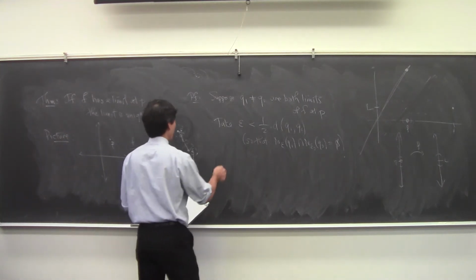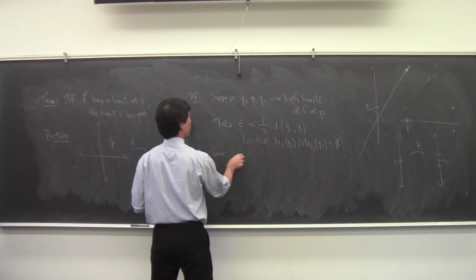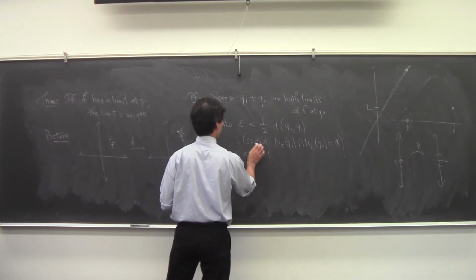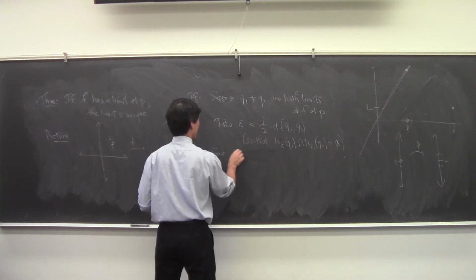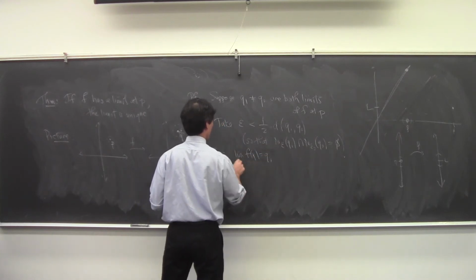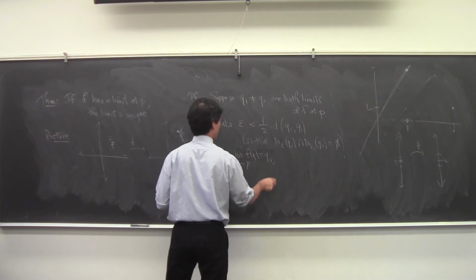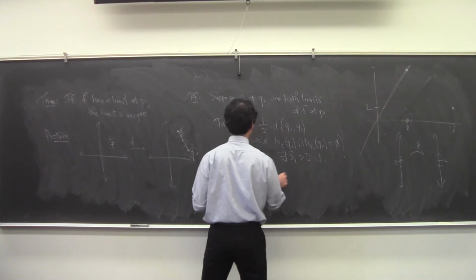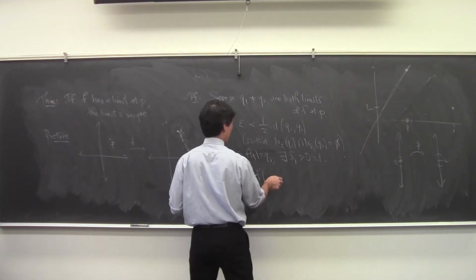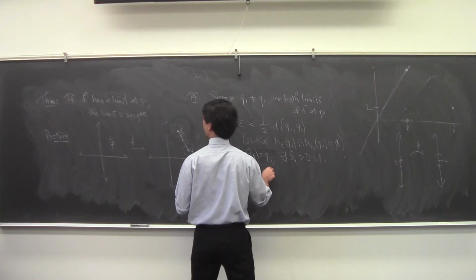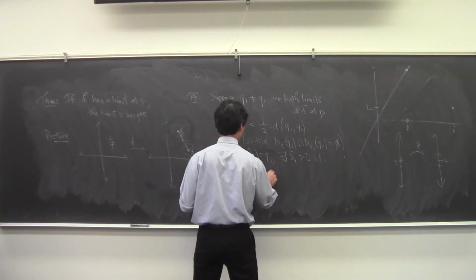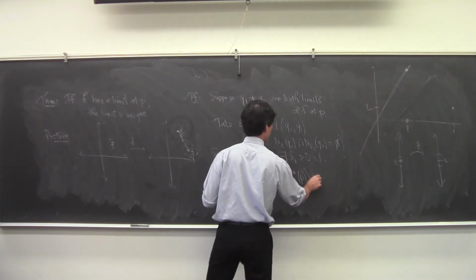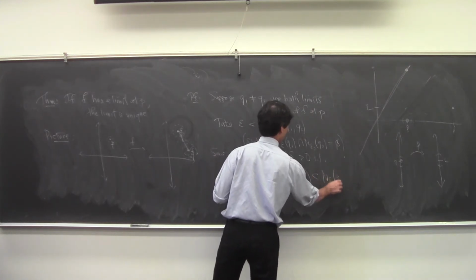Okay. And say, well, since Q1 is the limit, right, since the limit is Q1 as x approaches P, we know that there exists a delta 1 such that f of the intersection of E with the punctured delta 1 neighborhood around P is contained inside the epsilon neighborhood of Q1.